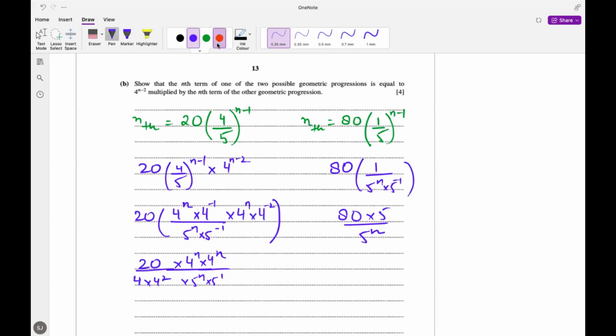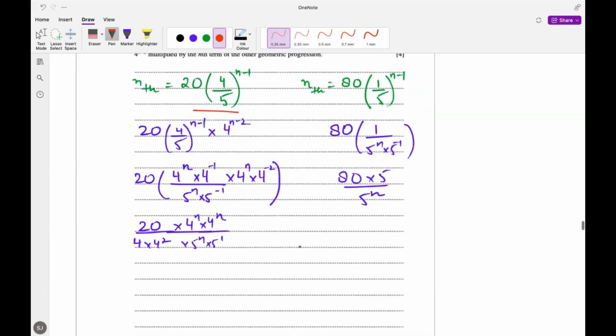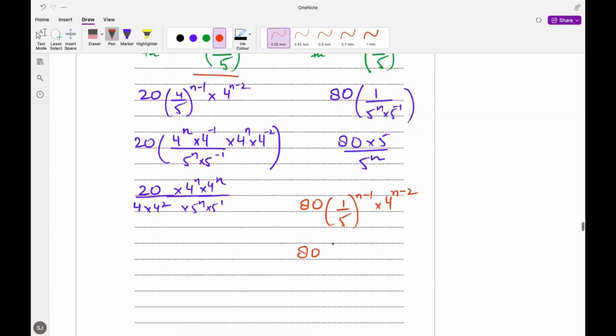So now in the next step, we'll multiply this expression and see if we can get the expression for the nth term where a was 20. Now multiplying this other nth term, 80 into 1 upon 5 to the power n minus 1, by 4 to the power n minus 2, we'll get 80 into 1 upon 5 to the power n into 5 to the power minus 1 multiplied by 4 to the power n into 4 to the power minus 2.